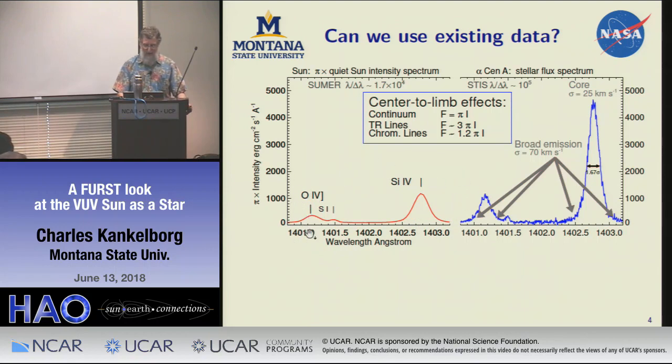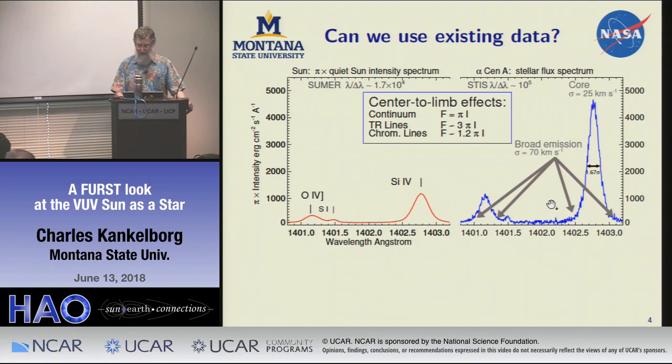And so we don't have that effect of the greater path length that you get as you approach the limb of the sun that would add so much more to the line intensities for optically thin lines like oxygen-4 and silicon-4, right? So that explains part of the discrepancy.